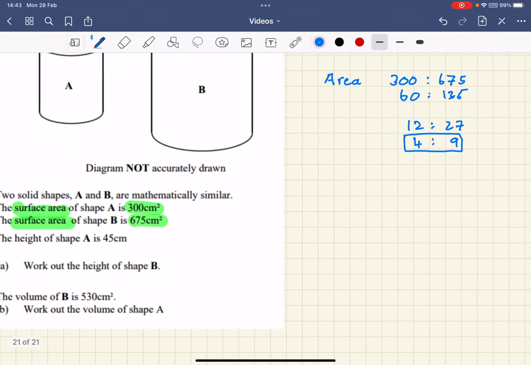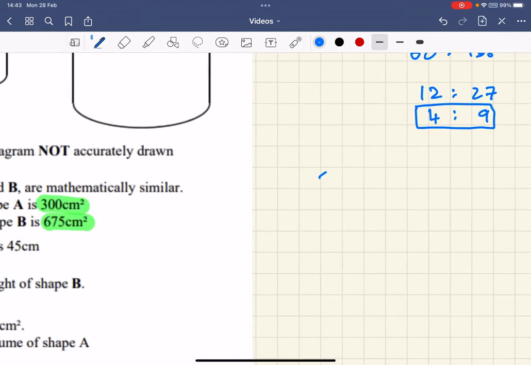And what I'm going to do is make a little table that's going to help me solve the problems that come later. So if I say that the sides are in a certain ratio, the area is in a certain ratio that I know is 4 to 9, and the volume is in a certain ratio.